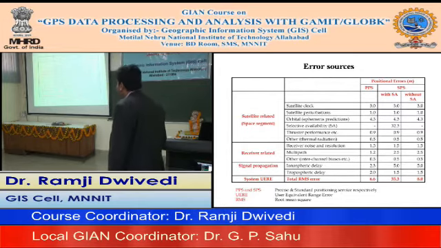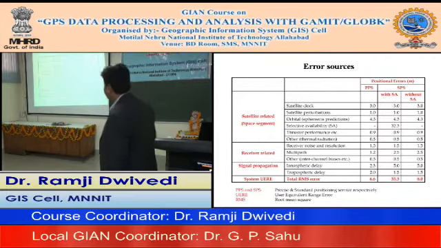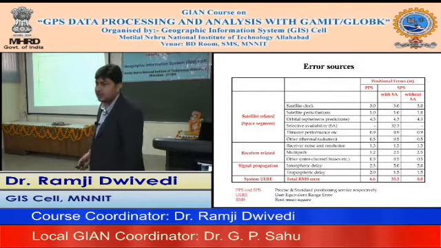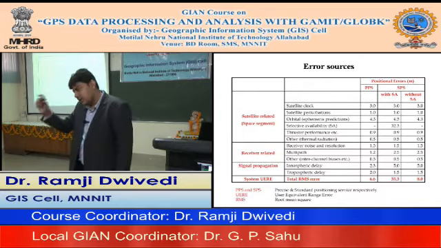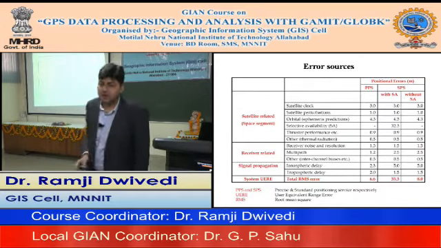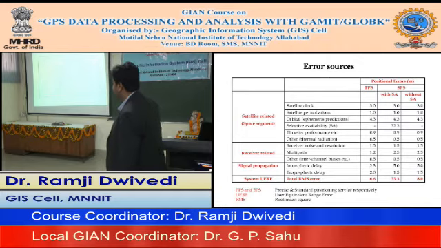Based on these, in the precise positioning service and standard positioning service, you have different components in terms of meters. And yes, the UERE, which we call the user equivalent range error, is when the individual component of error is converted to a range term. That is really helpful in understanding the relation between DOP and the UERE. We'll see that part later.